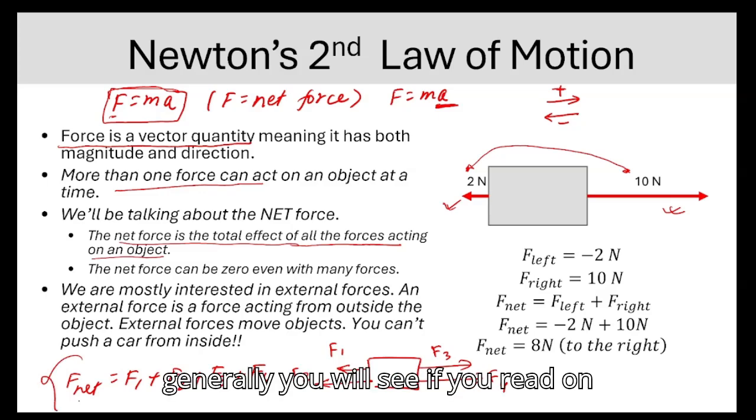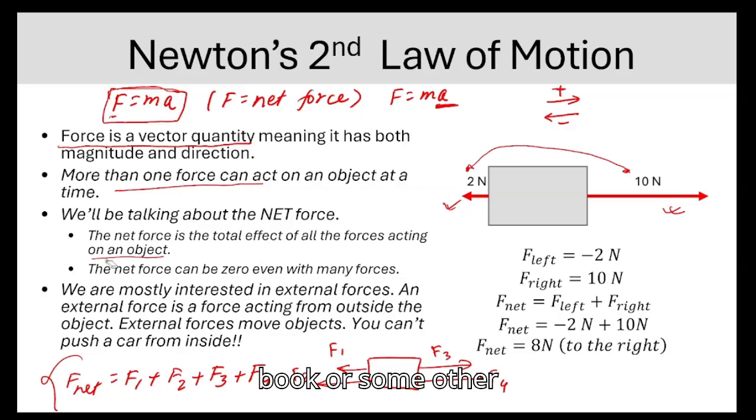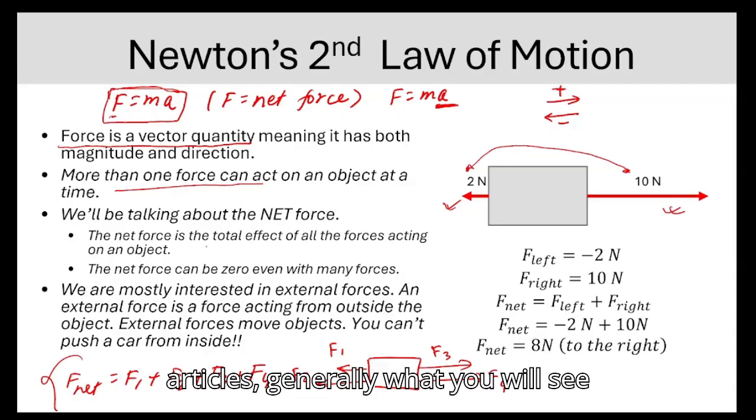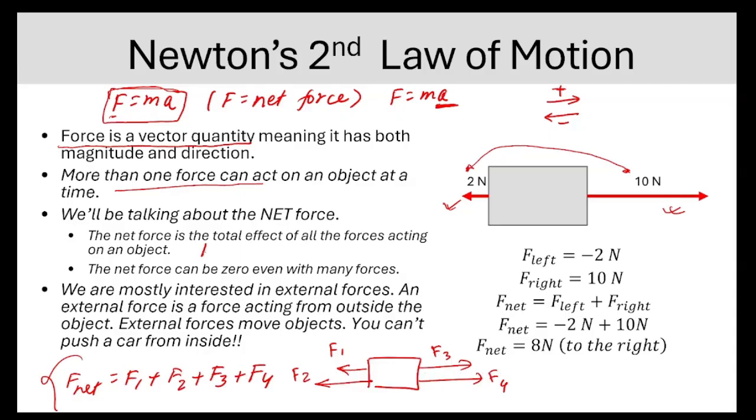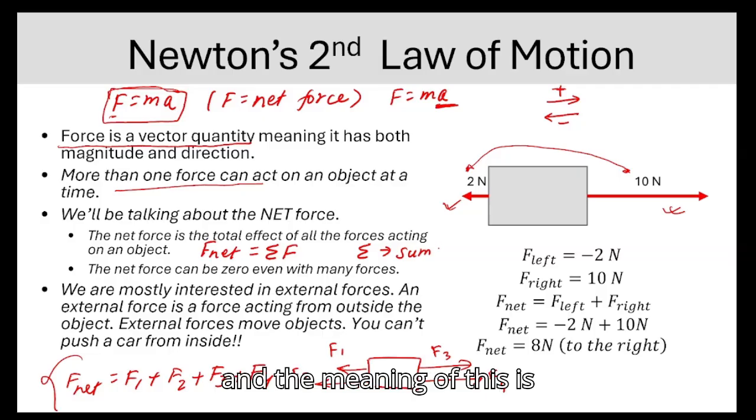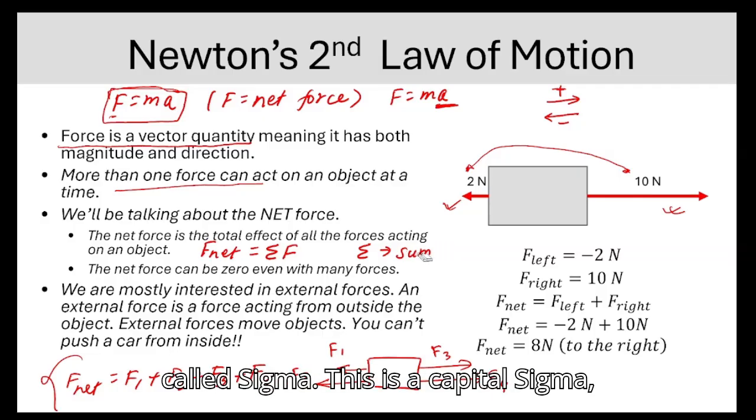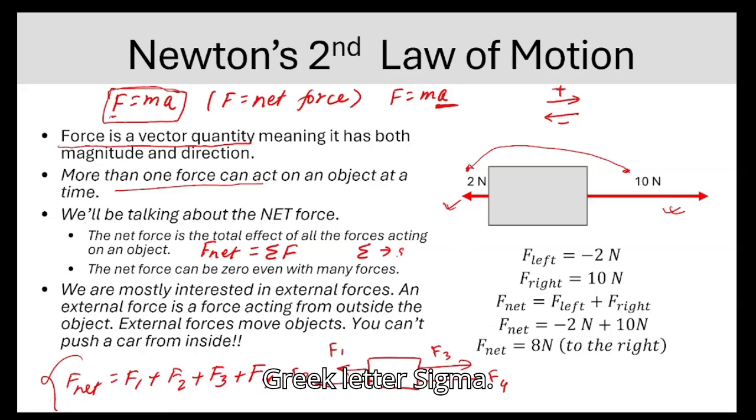If you read a book or some other articles, generally what you will see is F net equals the summation of all the forces. This sign is called sum, and it is called sigma. This is a capital sigma, a Greek letter, and the meaning of this sigma is sum of all.